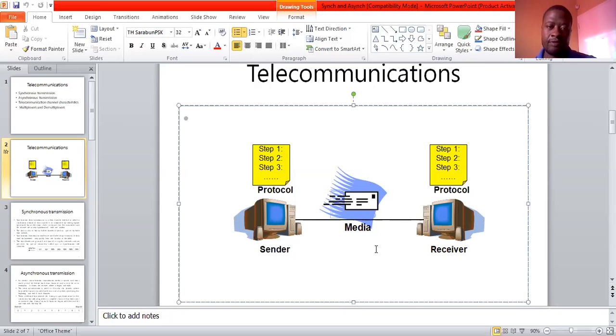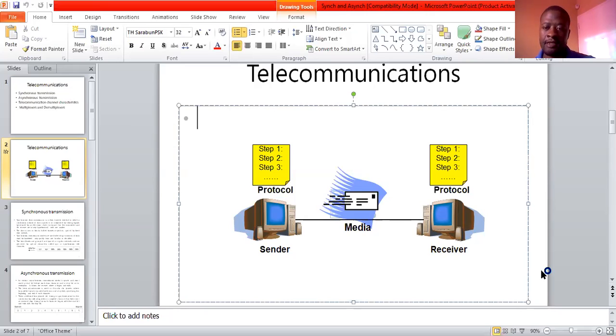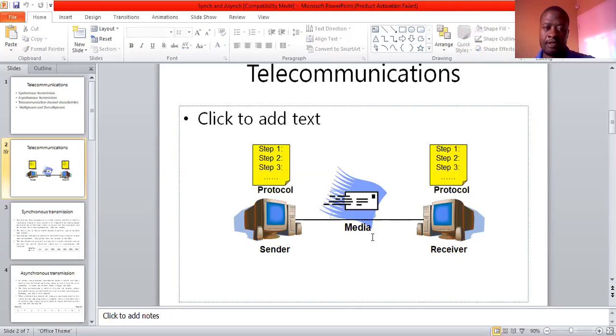So we need a protocol to send between these two devices. Okay, so this is just a simple communication setup or process. Okay, so let's look at the next slide.